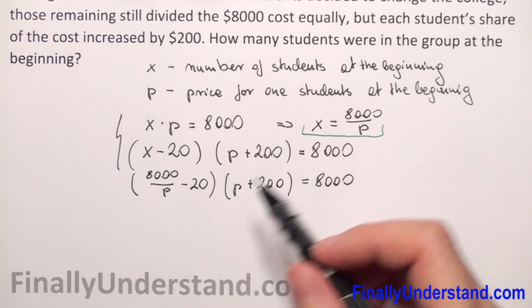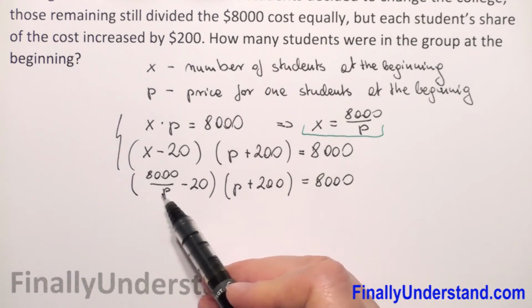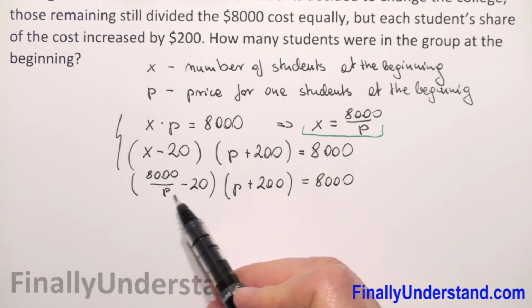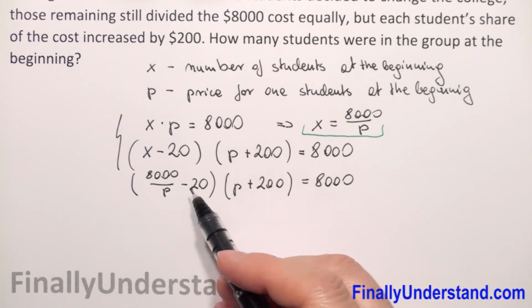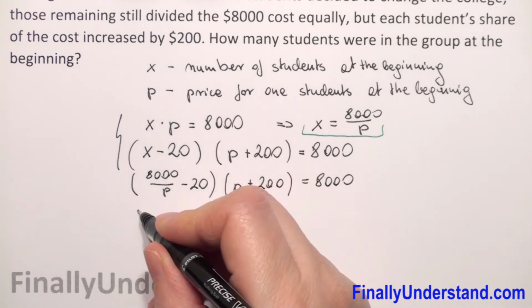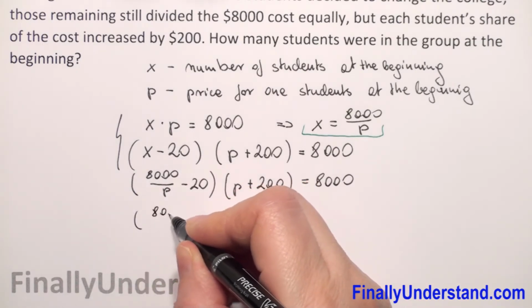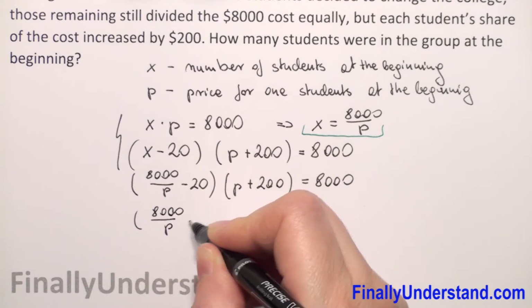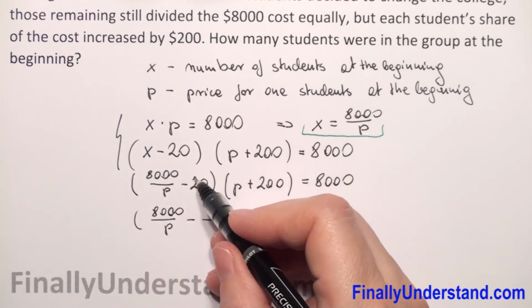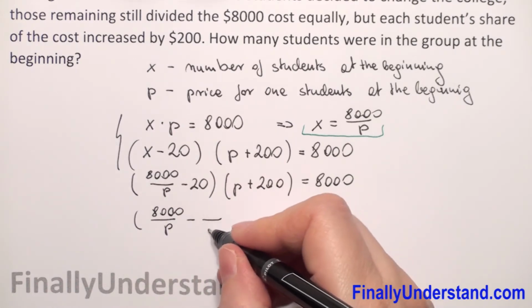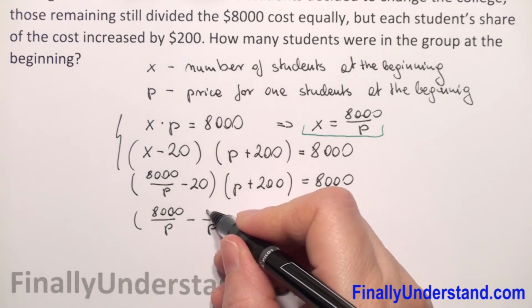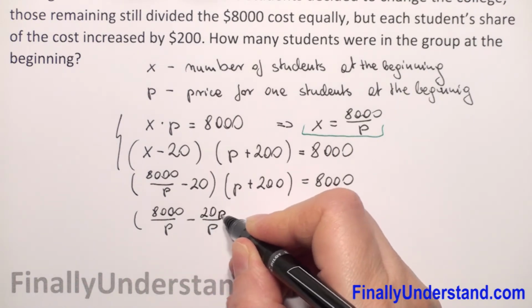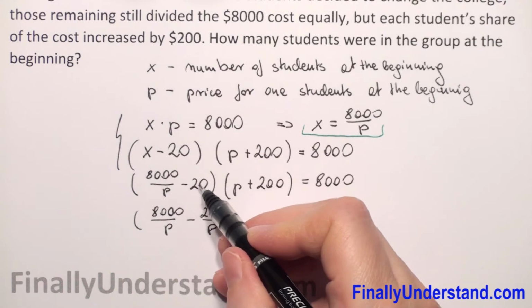Now to subtract these two expressions, I need to have the same denominator. It will be P. So we have 8,000 over P minus, I will change 20 to a fraction, the denominator will be P, so in the numerator I need to have 20P. P and P will reduce, so we have still the same.